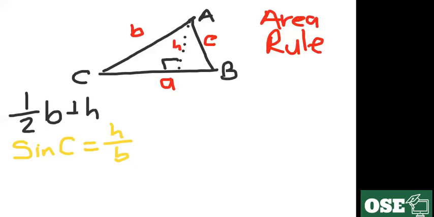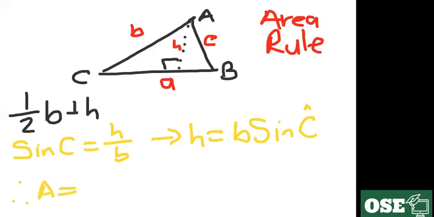And then H, remember, is the perpendicular height. So what we want to do is make H the subject of the formula. So H is equal to B sine C. Therefore, area will be half the base, which is A. Sorry, I forgot to write the half.